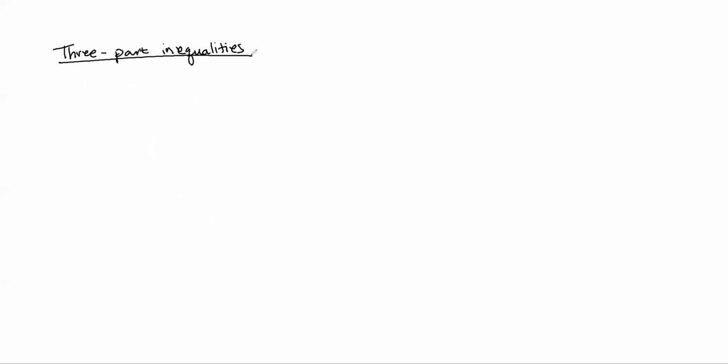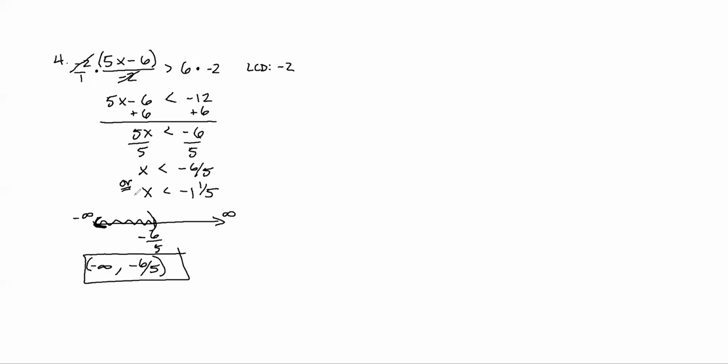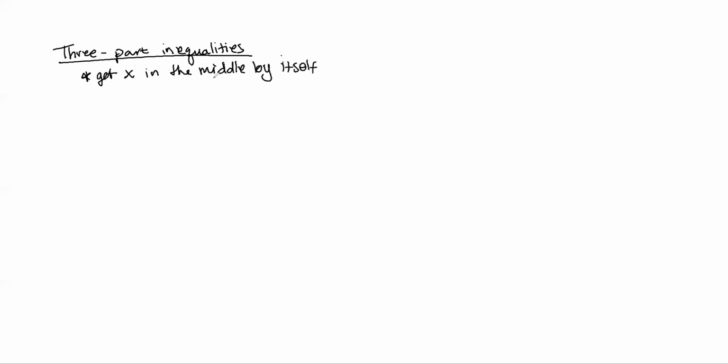So our goal with 3-part inequalities is to get x in the middle by itself. Whenever we've solved inequalities, like the ones that we just saw over here, our goal was normally to get the x, I usually put it on the left, but x on either side by itself. With these ones, it has to be in the middle. That is the big thing here.